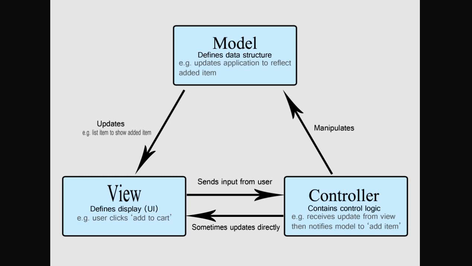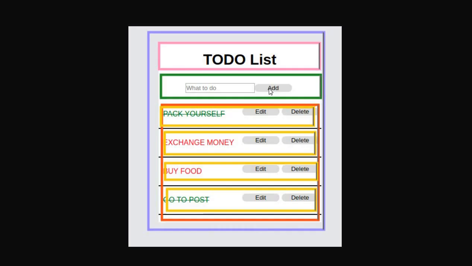Now, in the example that I'm going to show you here, we have a to-do list application, and in order to build this to-do application, we have to split it up into different components. At the very top, on the pink border, we have the header of the to-do element. Over here on the green border, we have the form where the user puts in their to-do title and then clicks that button in order to add that item to the data structure.